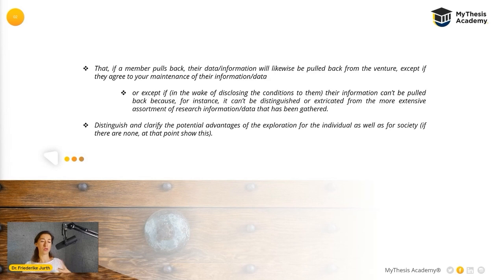So you should inform about what happens with the data, and that you keep the data out if someone pulls back, or if he or she agrees on the maintenance, then you are allowed to continue the work with this data.